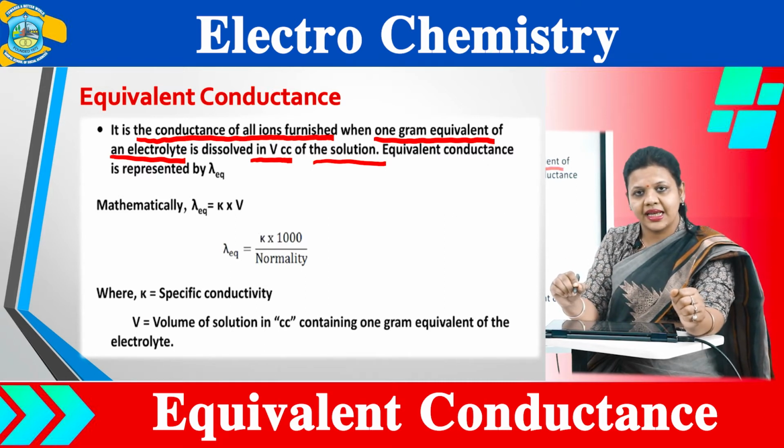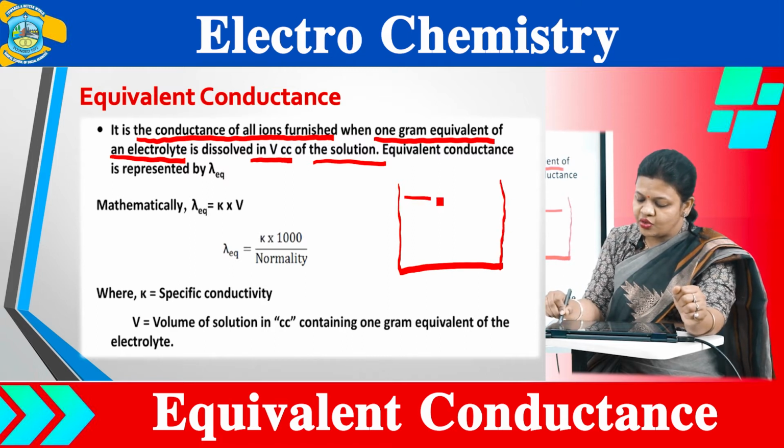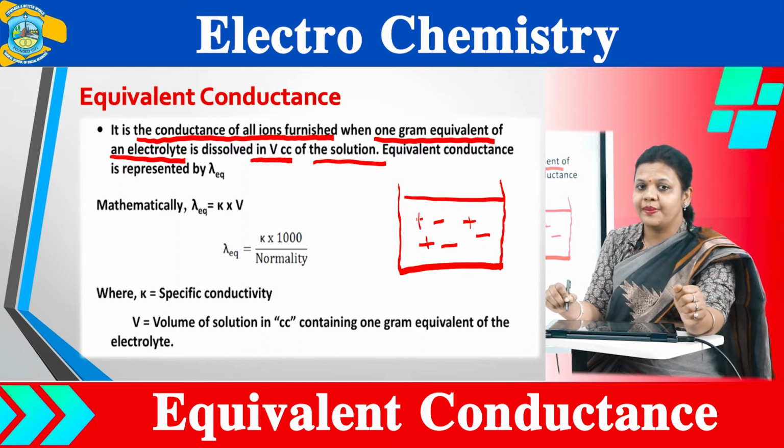That means we can say that if this is a beaker and it has 100 ml of liquid, then the conductivity of all the ions present in this beaker, in total, will be given as equivalent conductance.